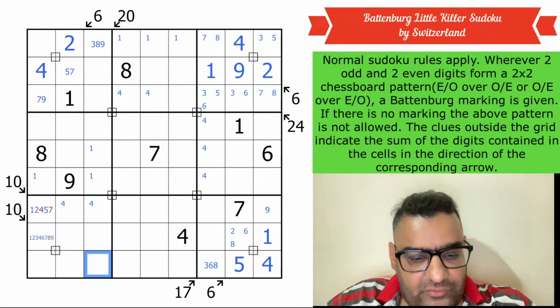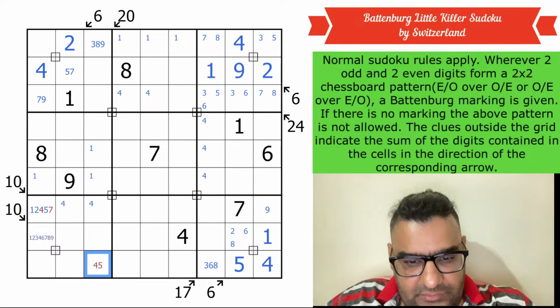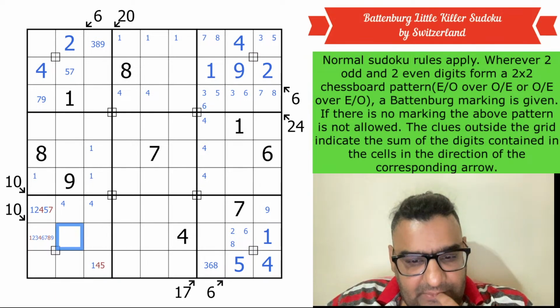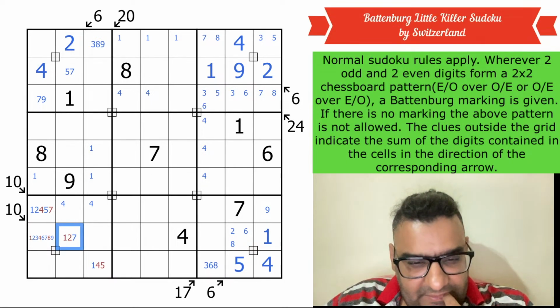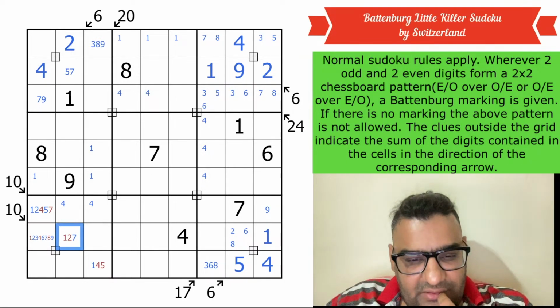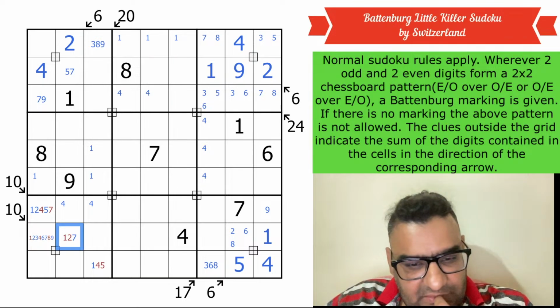Those three combinations would be 4, 5, and 1. Next combination would be 7, 2, and 1. Do I have any other combination out of this?